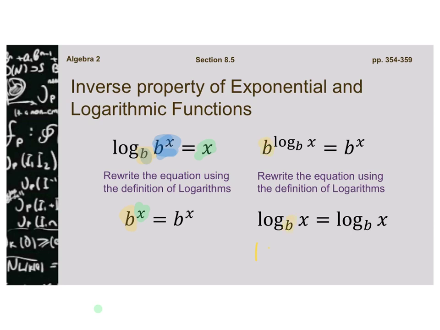The base is b, the exponent is the outie. So this would be the outie right here. And it's equal to the innie, and here's my innie. Oh, that's right. This is written incorrectly. This should just be equals x, not b to the x.